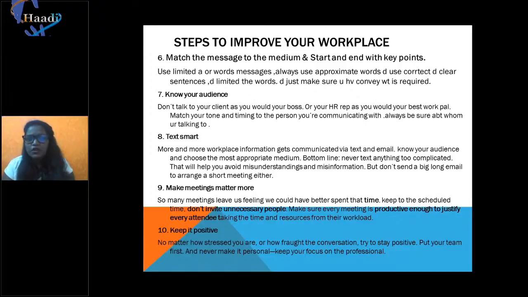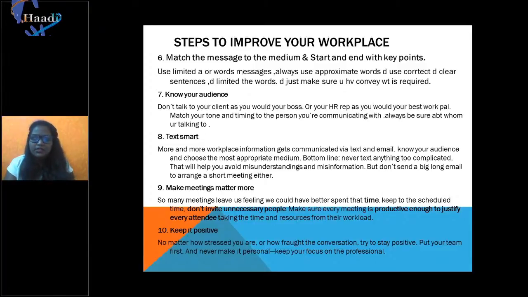We can talk about official matters, financial matters, and how to work with the employees, but avoid talking about your personal life. When you talk about personal life, you cannot always keep it positive. So make sure you're being positive enough, and keep your focus on your personal as well as professional life. When you work on your communication skill, it makes you feel positive enough. So keep positive. It is very important.